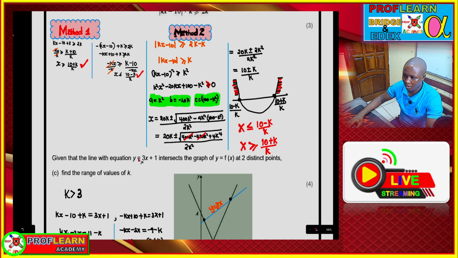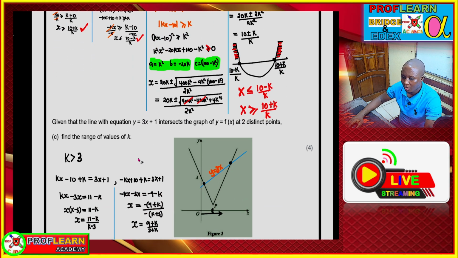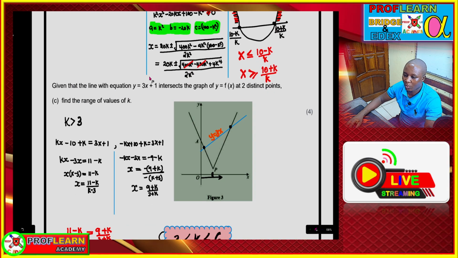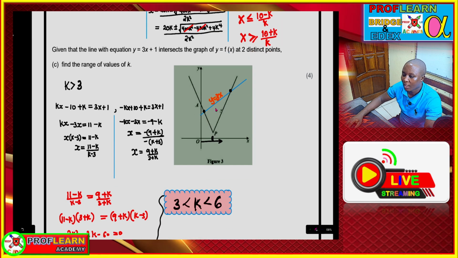Now we are talking of a modulus function. So given that the line with the equation y is equal to 3x plus 1 intersects the graph in two distinct points, meaning it has to intersect in two distinct points. From here you can see with this particular equation that we are having here, the gradient is 3x.